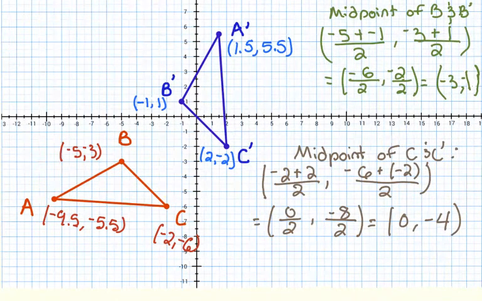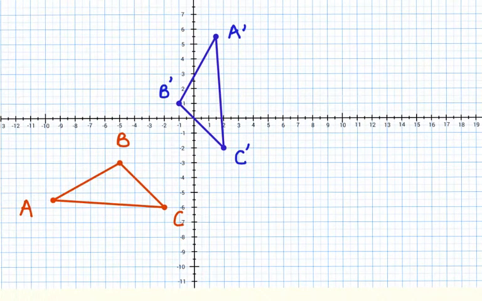So for point C to C', our midpoint, for x we get -2 plus 2 divided by 2, and -6 plus -2 divided by 2. So that will give you 0 divided by 2 and -8 divided by 2, which is where we get our other midpoint, 0, -4.